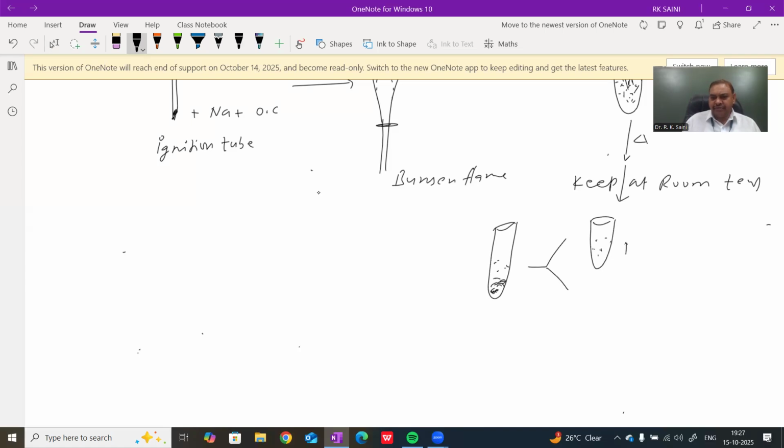This filtrate is known as Lassaigne extract, and the residue is left in this test tube.